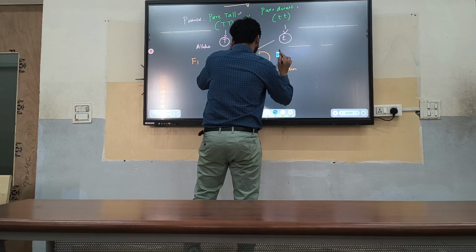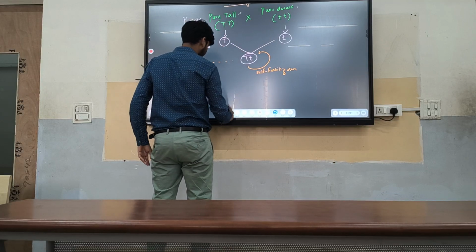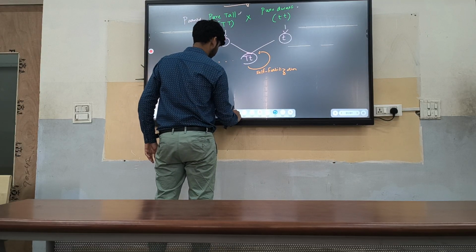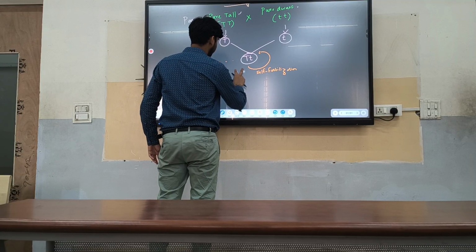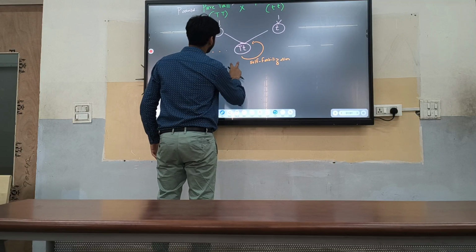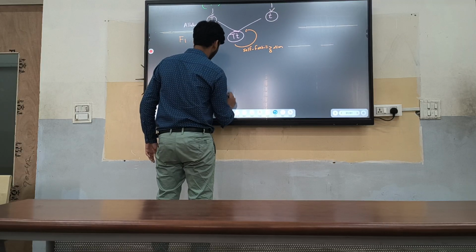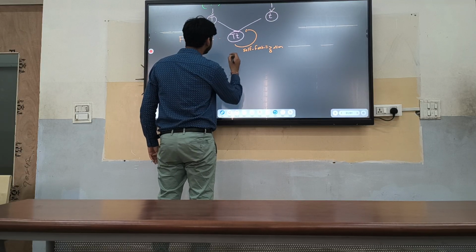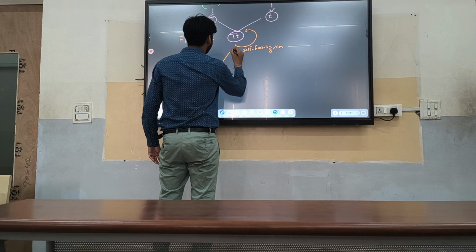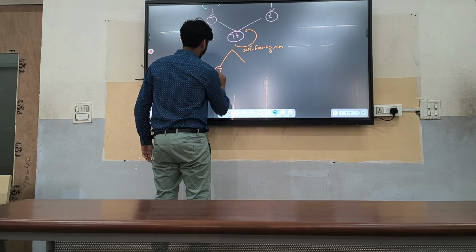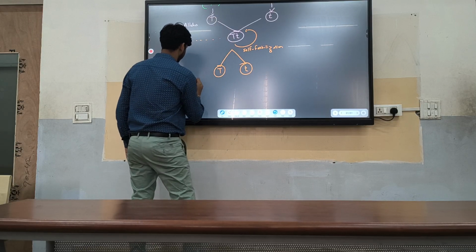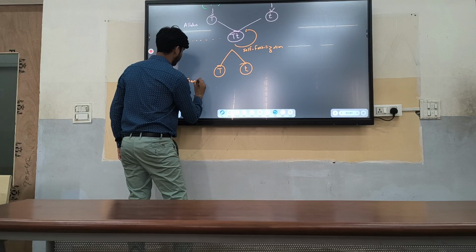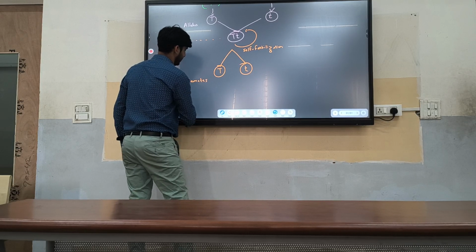So what happens is, when it is self-fertilized, from this we get capital T and small t gametes. Okay. The gametes will be capital T and small t.